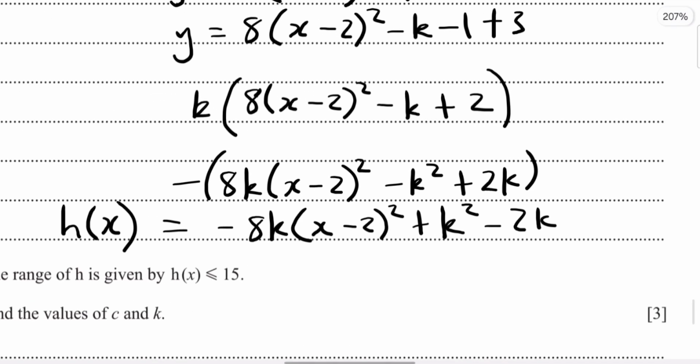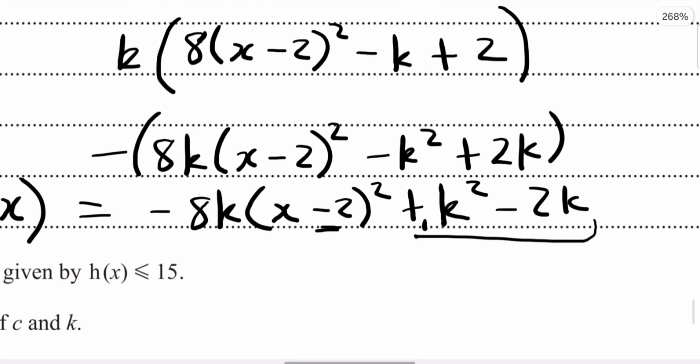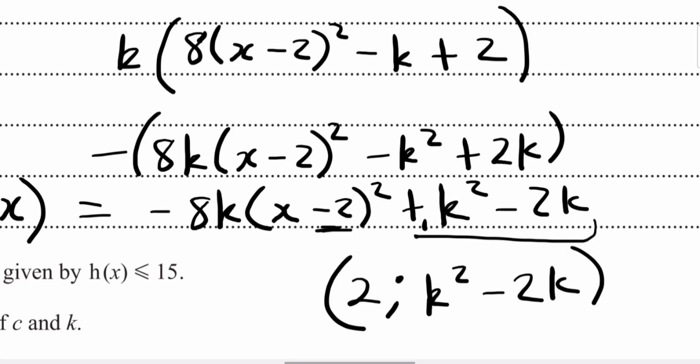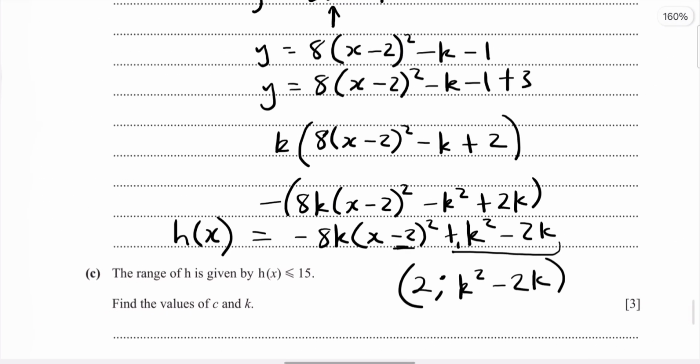It will be 2 for the x-coordinate, and the y coordinate will be k squared minus 2k. So this will be the coordinate of the turning point.